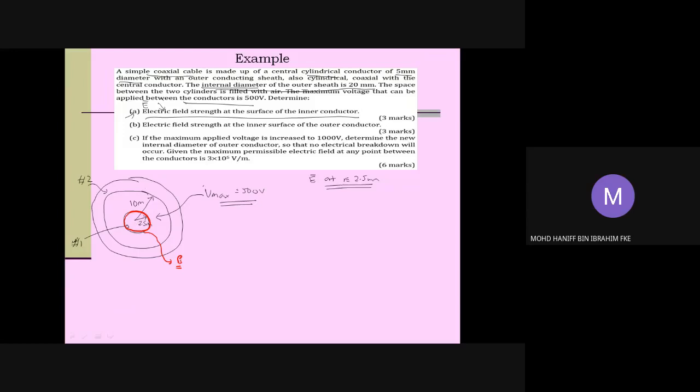So we can use Gauss law to find the E field between 2.5 milli and 10 milli radius. Our task now is to find the E field for the region between 2.5 millimeter and 10 millimeter, which is the region between the two conductors.